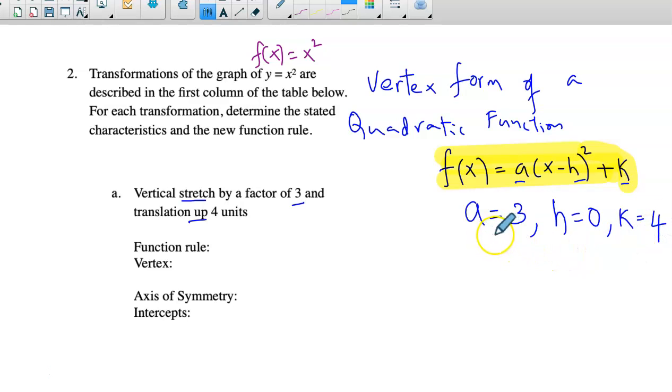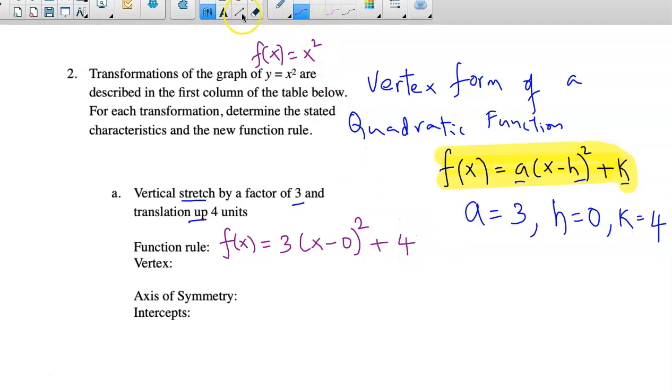So now you have your a, h, and k. You got your function rule. Let me write it here. f of x is equal to a, that is 3, times (x minus h, which is 0) whole squared plus k, and k is equal to 4.